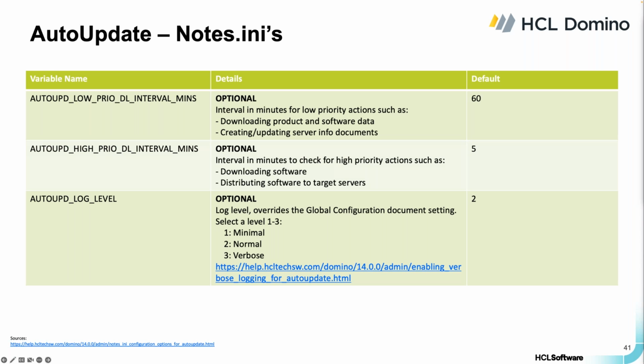So less important jobs are done every 60 minutes, and the high priority tasks, such as the download software request or the distribution request to distribute software to target servers, execute every 5 minutes. So you don't have to wait for long. These do exist, they are documented, but I'm just putting them in one place.